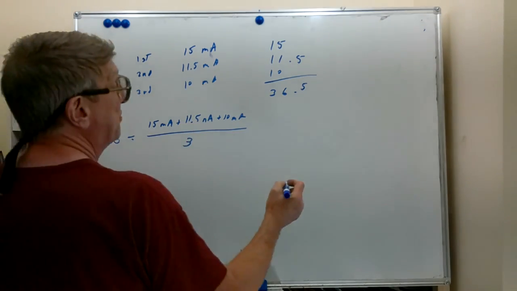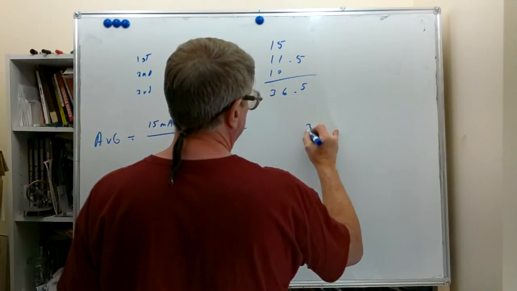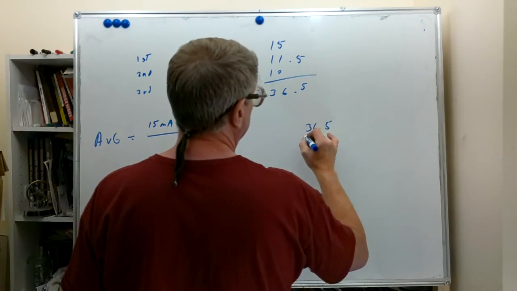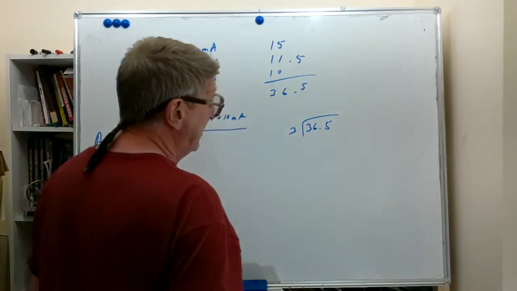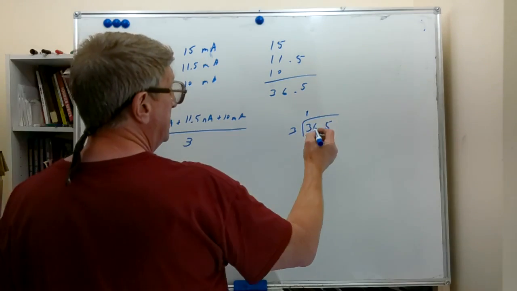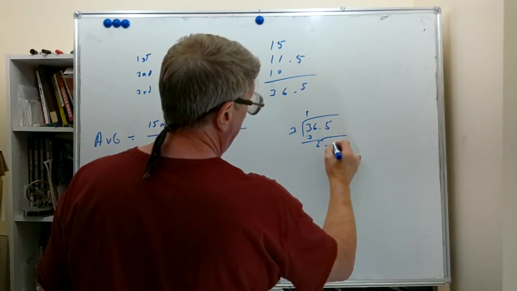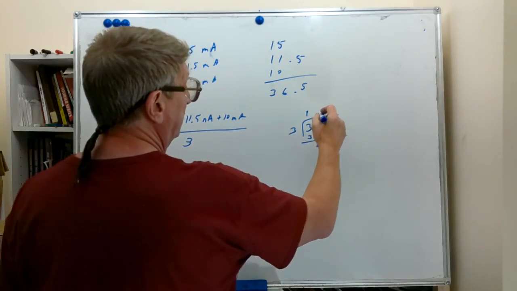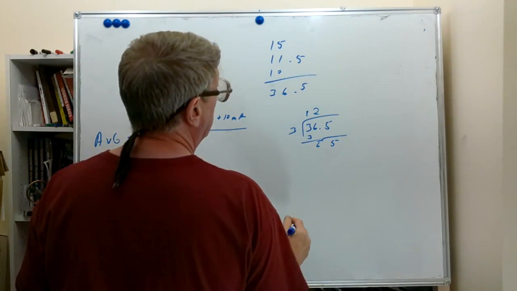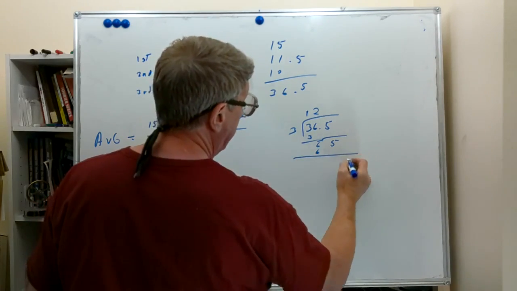Now we want to divide that 36.5 by 3. 3 into 3 is 1. Subtract the 3, that leaves the 6.5 down here. 3 into 6 is 2. And 2 times 3 is 6, subtract again.